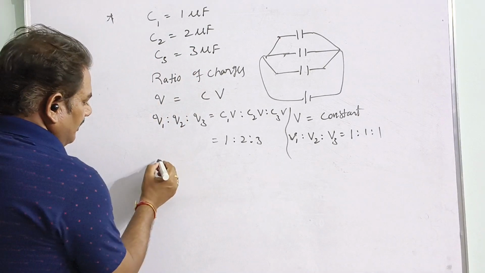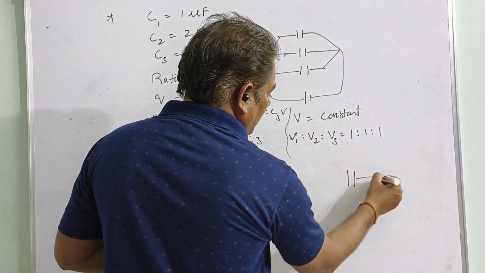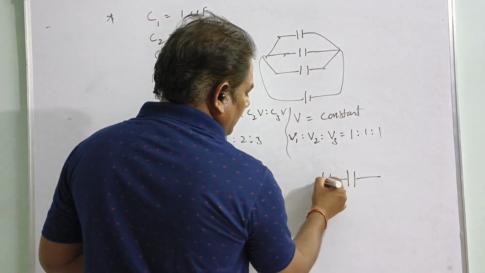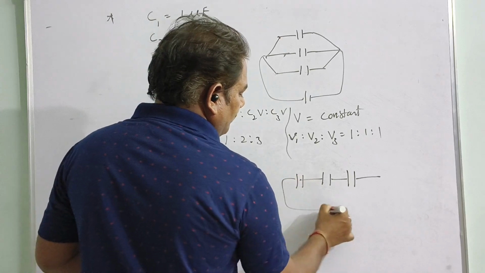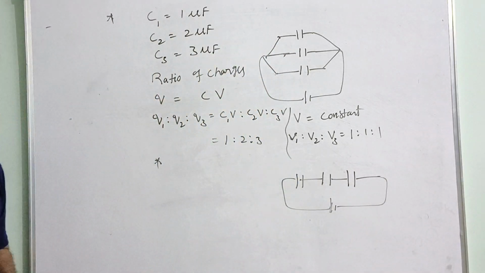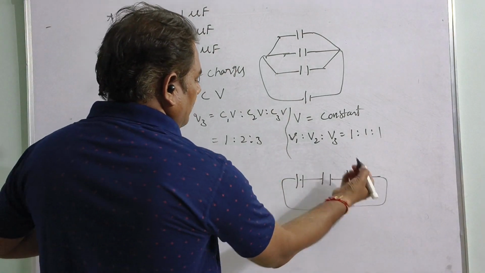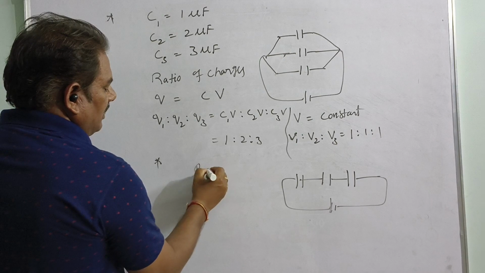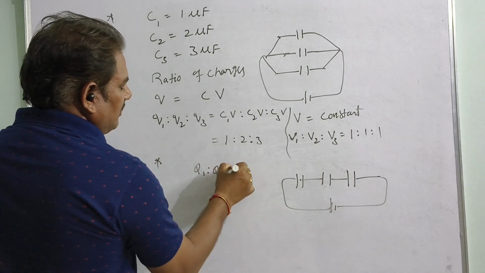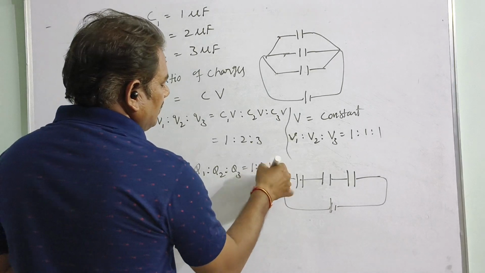But suppose the three capacitors are connected in series. Then the charge is constant. So Q1 is to Q2 is to Q3 equal to 1 is to 1 is to 1.